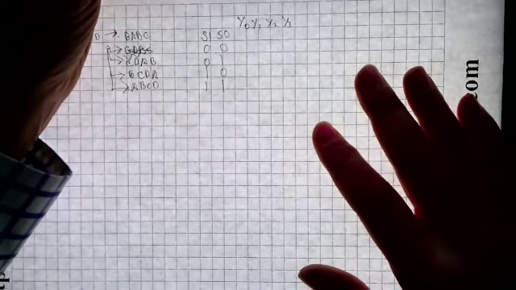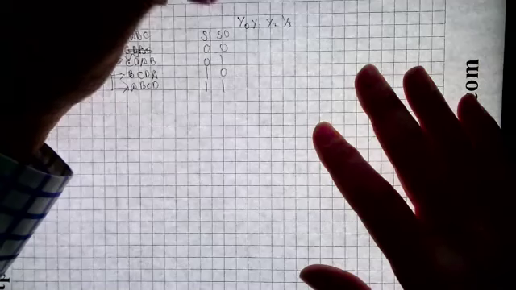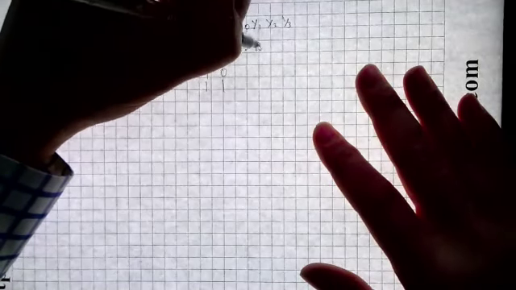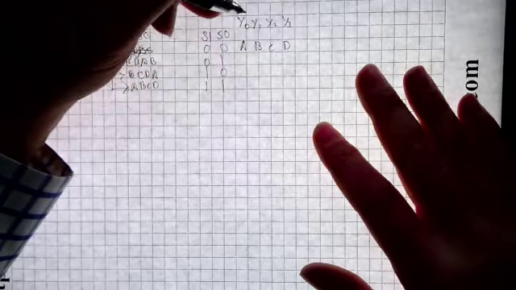So if it's 0, 0, the output should be A, B, C, D. No shift.